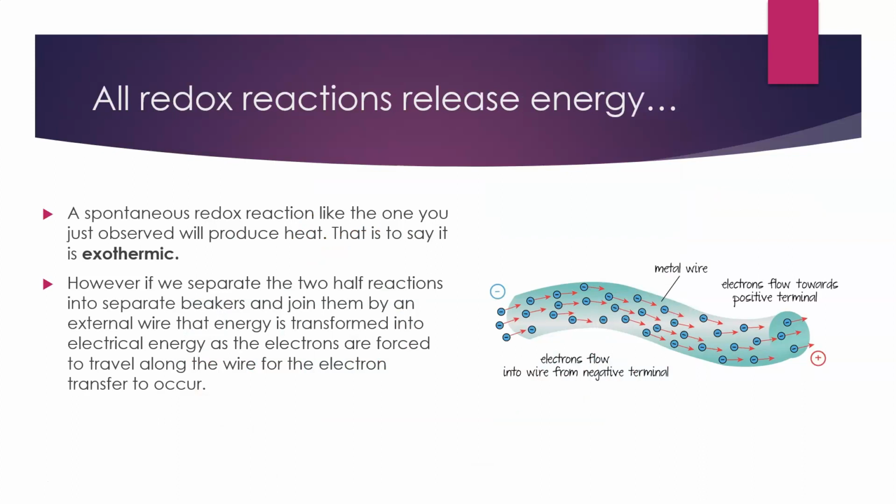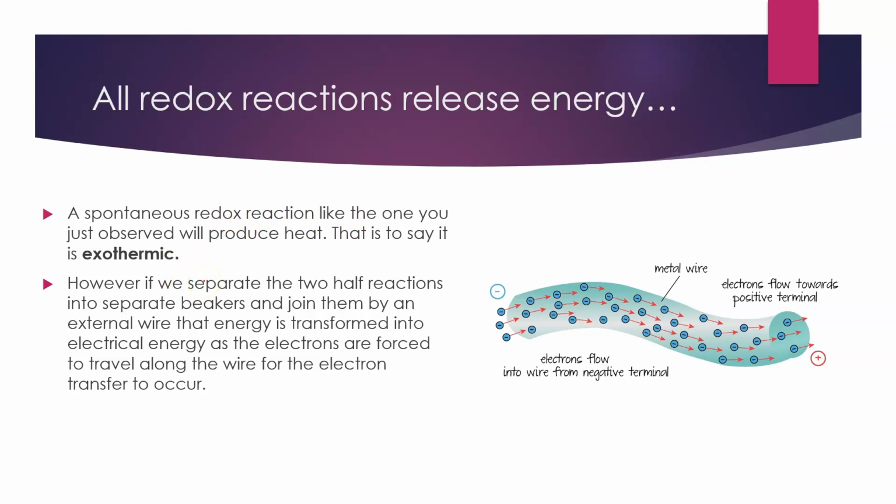So this is a spontaneous reaction. We didn't have to do anything to make it happen. At room temperature, the activation energy is such that the reaction will just proceed without any catalyst or anything like that. Okay, so it's spontaneous and it produces heat, so it's exothermic.